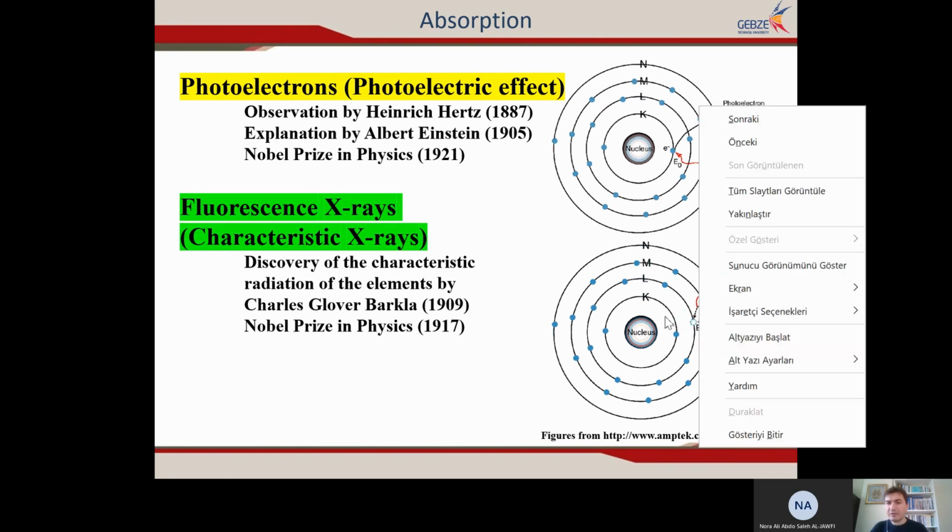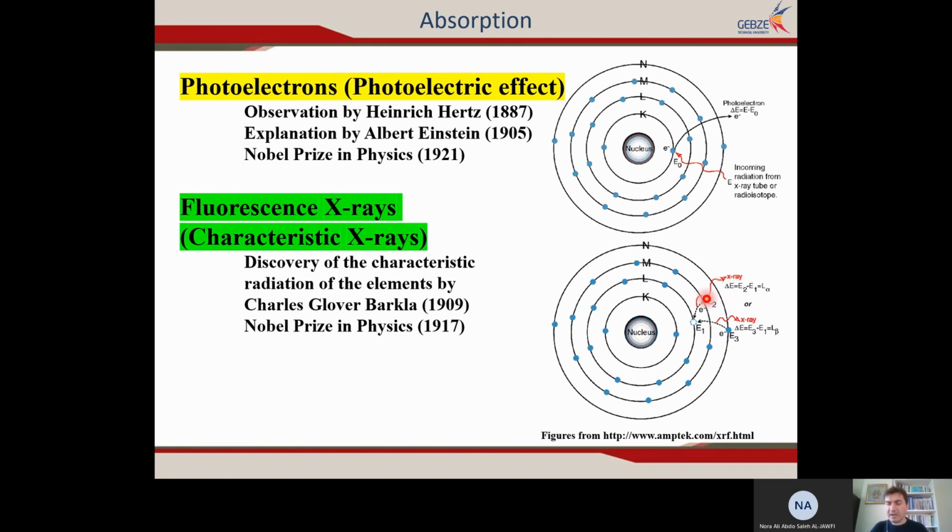Then here you have a delta E, the energy difference between the energy of the upper level and the energy of this empty level. So this delta E is used to produce an X-ray. This is fluorescence or characteristic X-ray. Why characteristic? Because delta E for each element is unique, for this reason, characteristic.